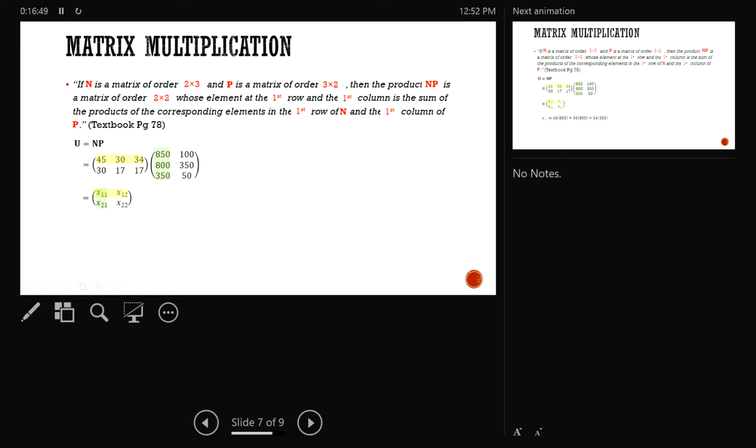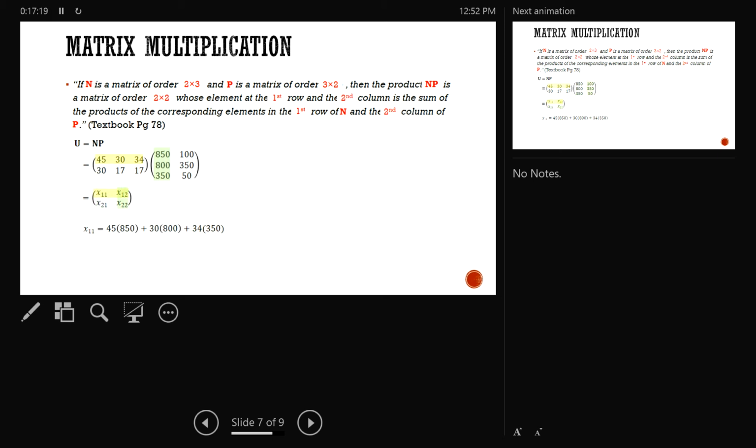Basically, all those words are saying that this element is found by this multiplied by this, and they're all products. Get it? It's very hard to memorize what it means. That's why when you practice, just keep multiplying, adding, you will eventually know what to multiply, what to add for which element. So the first row, first column will be given by 45 times something, plus and so on.